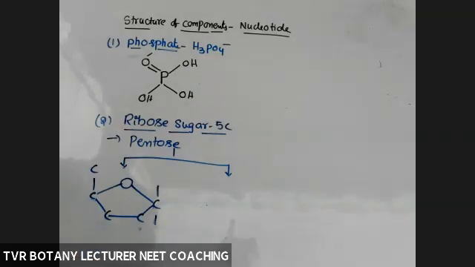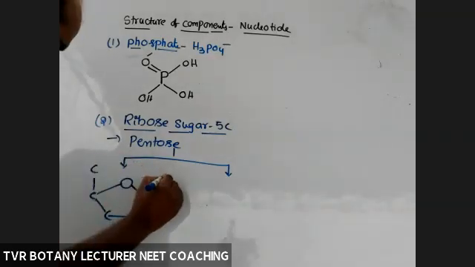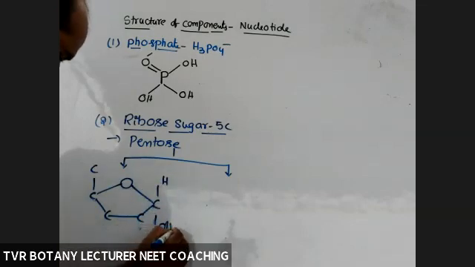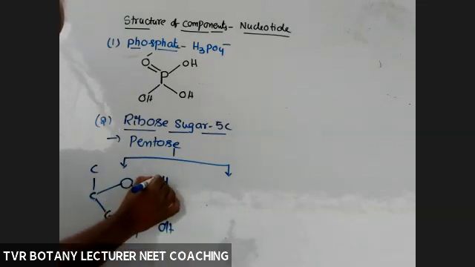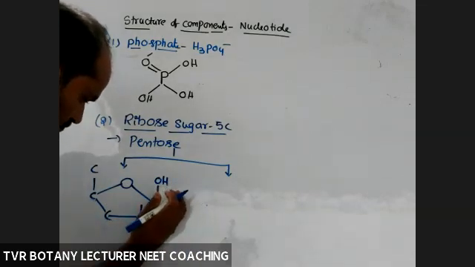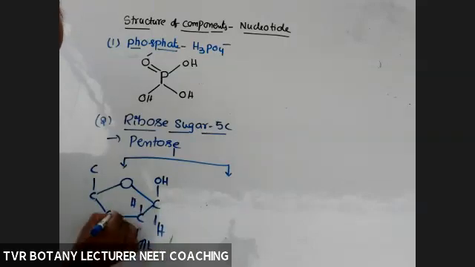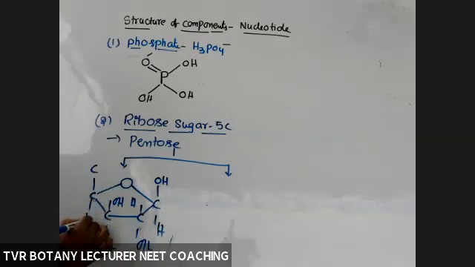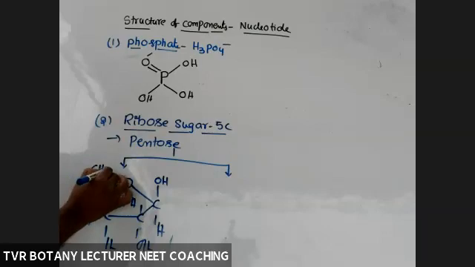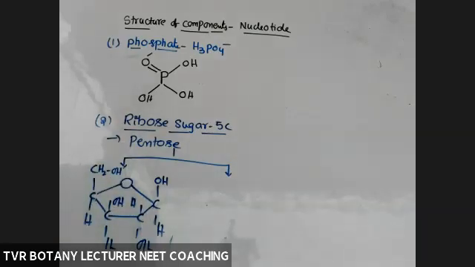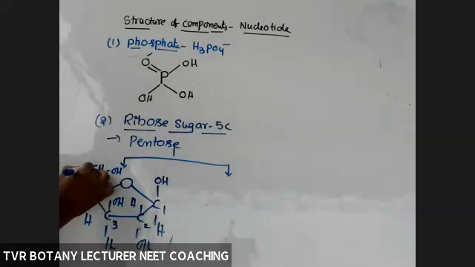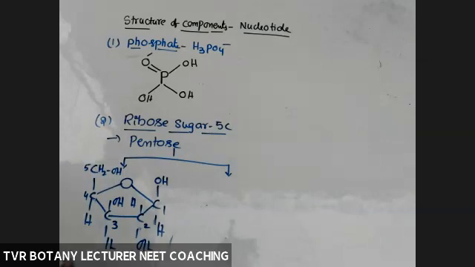Okay, so continue it. H O H, O H, H O H, O H H, hydrogen and CH2OH. So this is a carbon atom 1, 2, 3, 4, 5. So total number of carbon atoms, how many carbon atoms here? C5.